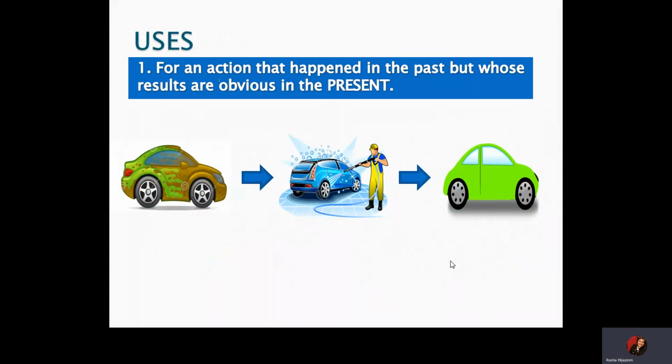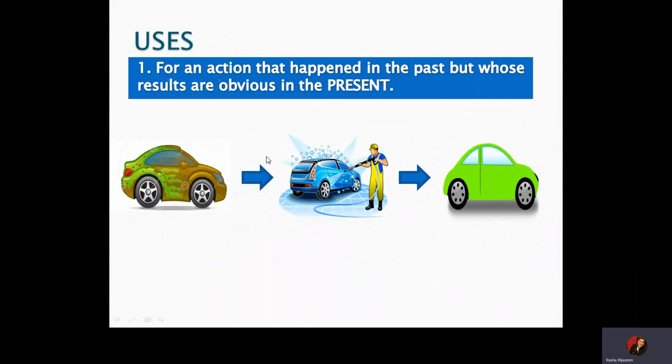For example, an hour ago, my car was dirty. I went to the car wash and the man washed my car. So I have two verbs in the past. The car was dirty. The man cleaned my car. And now my car is clean.